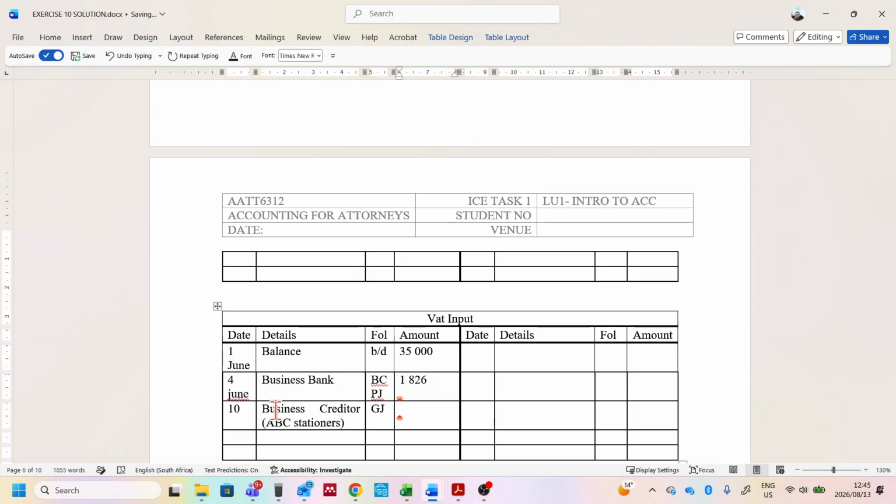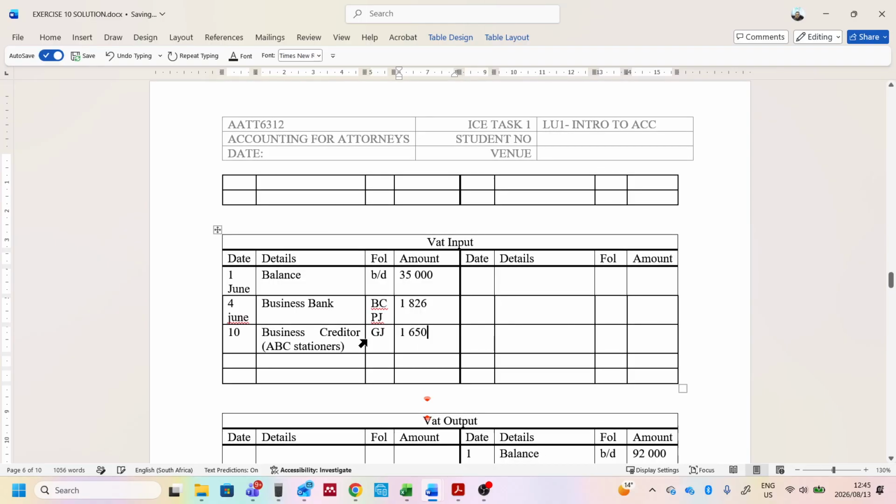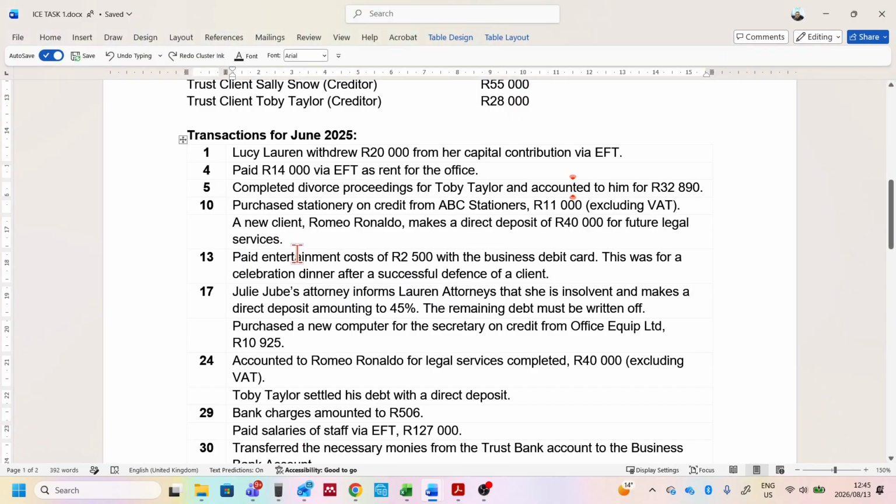And the amount is how much? 1,650. And any other account that affected this VAT input after that? We go down. Okay, this one, you paid entertainment, you were charged input VAT, but you cannot claim it back. So we never recorded this. So you skip that.